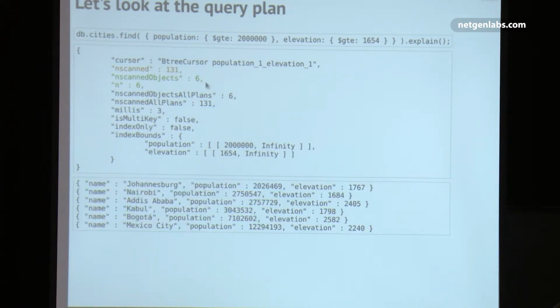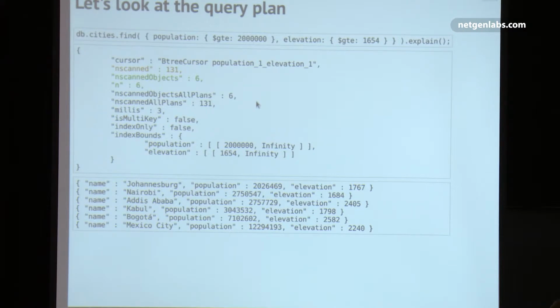Now, why would n scanned be so much higher? N scanned is the amount of index elements that have been searched on doing the query. Why would this be so much higher? So yeah, it basically can only use the index efficiently for the first part of this query.